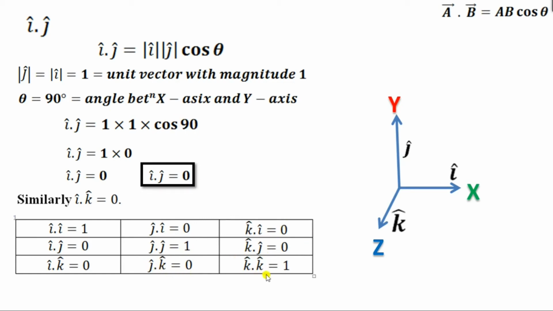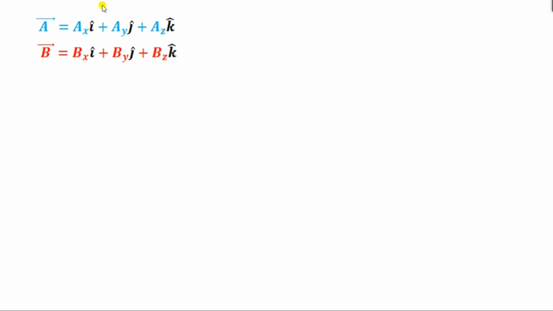Similarly k dot k will be 1, and k dot I and k dot j will be 0 because the angle between them is 90 degree and cos 90 is 0. So this is the very important table which we will be using to multiply two vectors. If you multiply the same thing you will get 1, and if you multiply two different things you will get 0.